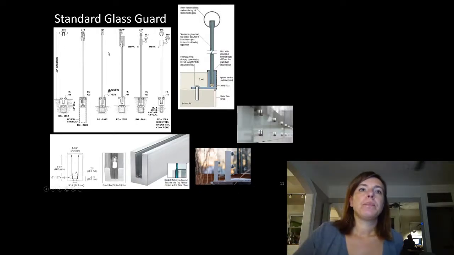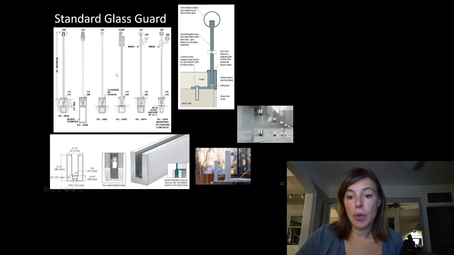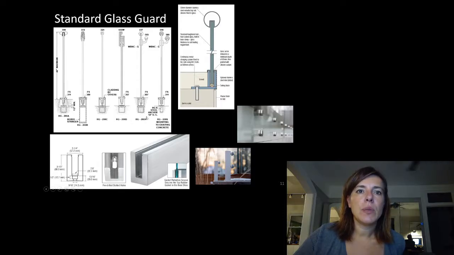Standard glass guard. These are almost always designed by the proprietor or whoever the particular designer of these guards is. A base building engineer will often design what the guard is connecting to. If this was embedded in concrete, they'd design that.